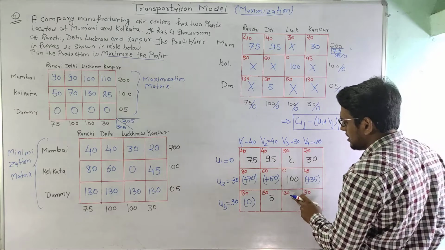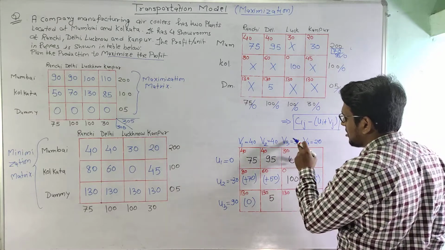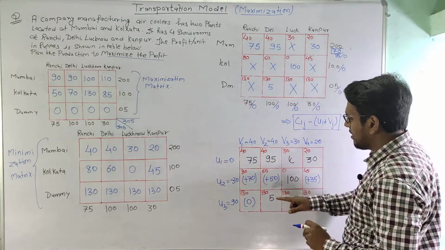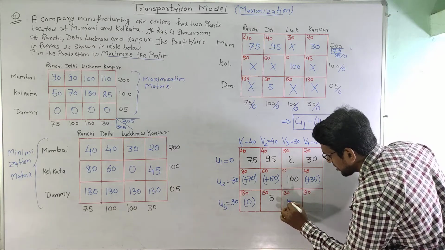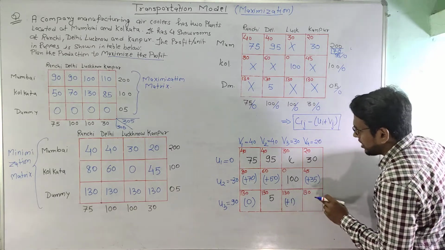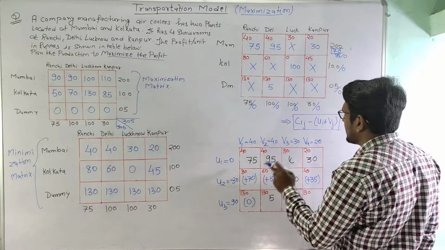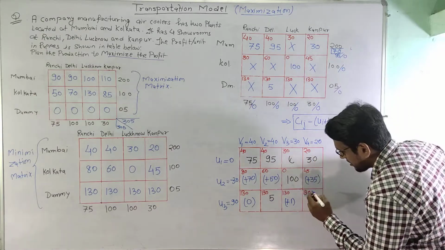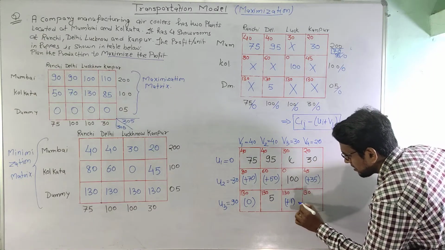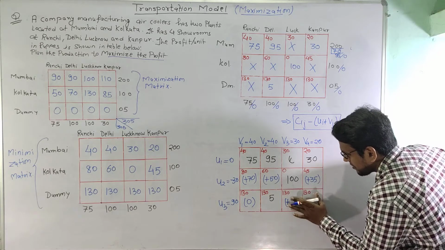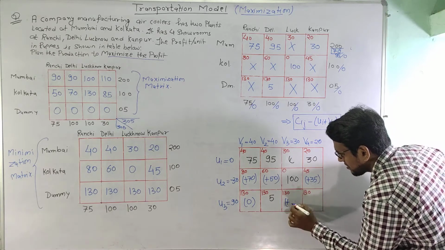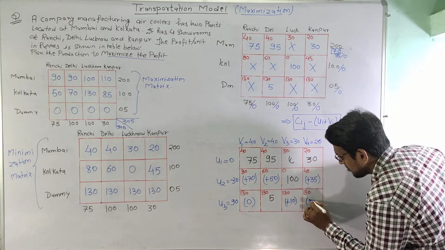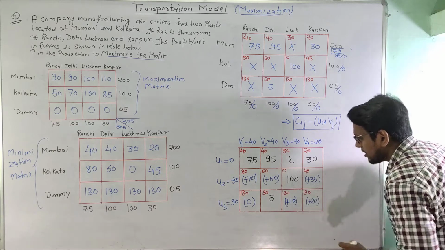Similarly 130 minus (90 plus 30), so we will have 130 minus 120, which is plus 10. 130 minus (90 plus 20), that means 130 minus 110, this will be plus 20.